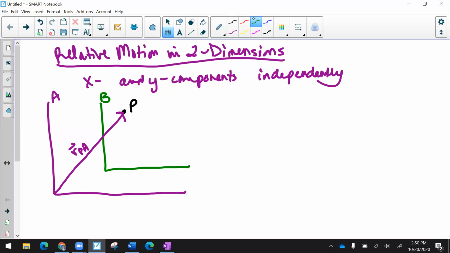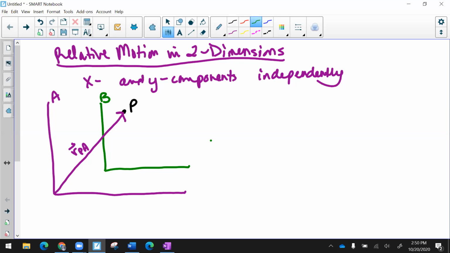And then from reference frame B, and I don't know what would be a good example of this, maybe P is a hockey puck that's sliding around on the ice. And there's a player A who's kind of sitting there, maybe moving a little bit. And then there's the Zamboni, which is B. And they see the motion of the hockey puck differently.